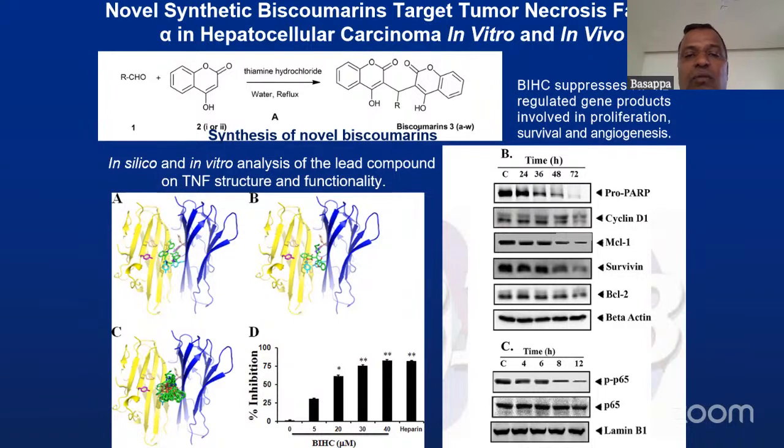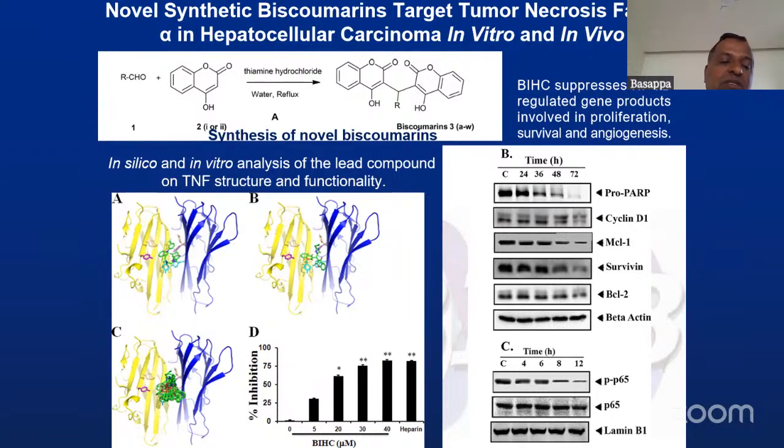In this regard, BAHC, as we named it, is a biscoumarin having an imidazole moiety as an R group, which has been mentioned here. Another molecule: the crystal structure of a TNF dimer has a small molecule ligand that disrupted the trimerization of active TNF, which was reported.